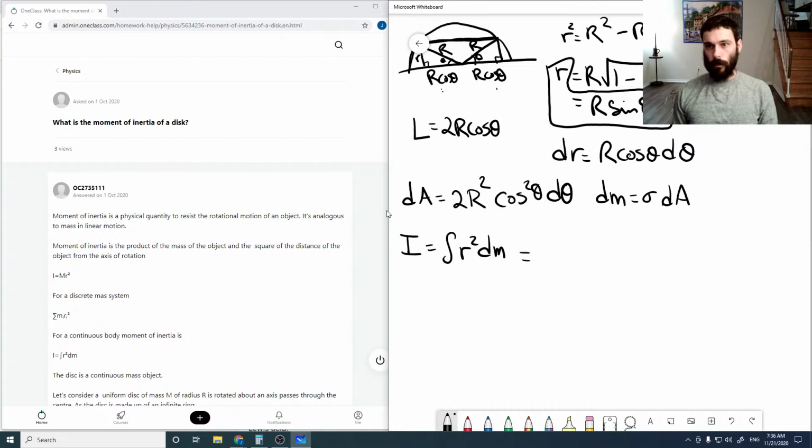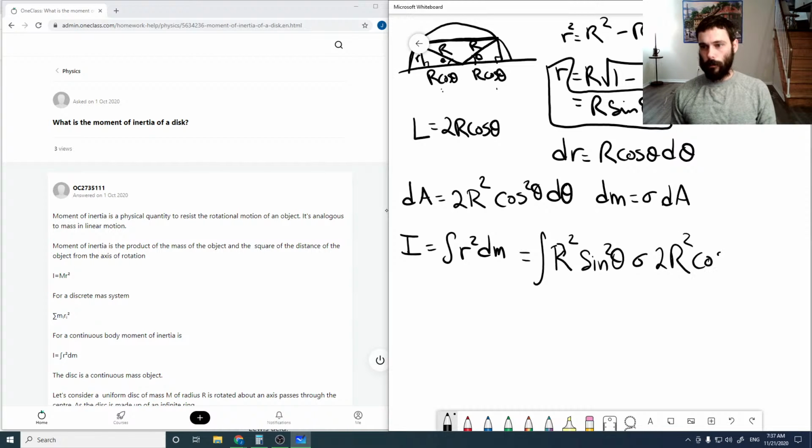Our r is just R sine theta, so there's going to be R to the fourth. I'll just keep the integral there. Sine squared theta. Actually, I might as well just do everything explicitly. So R squared sine squared theta for the r squared, and then our dm is sigma times 2R squared cos squared theta d theta. And our d theta integral is going to go from 0 to pi over 2.